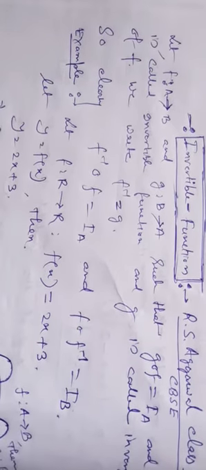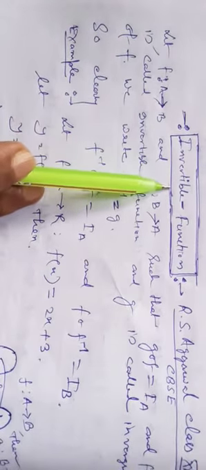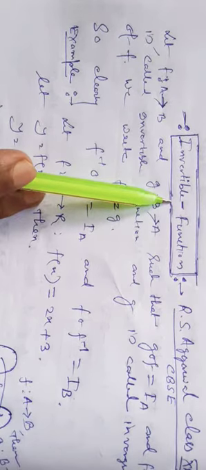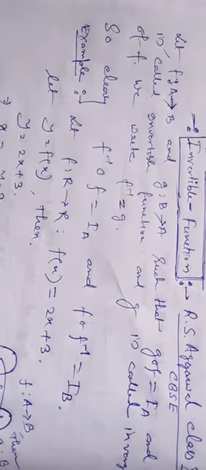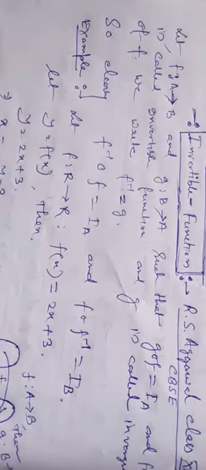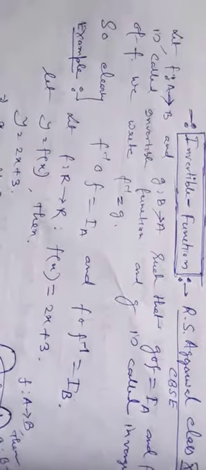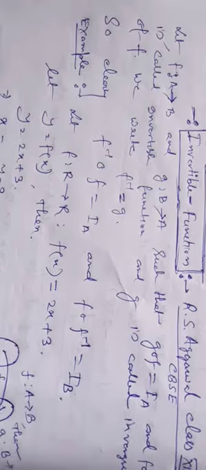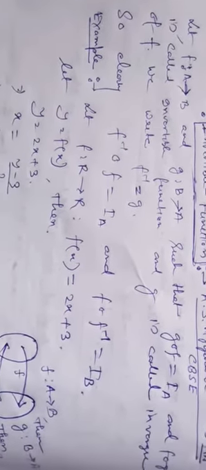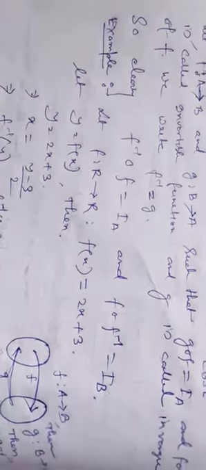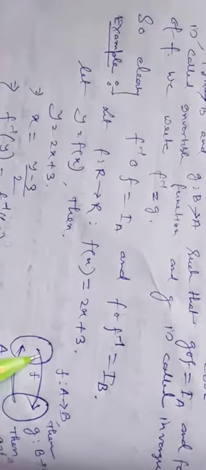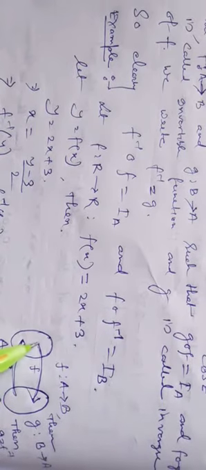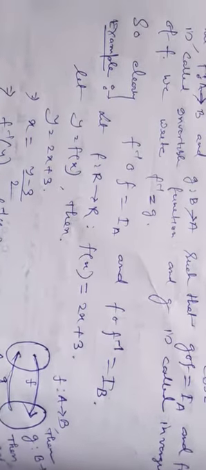Now, the term invertible comes from inverse. A function is a way to map one element of the domain set to an element of the codomain set.